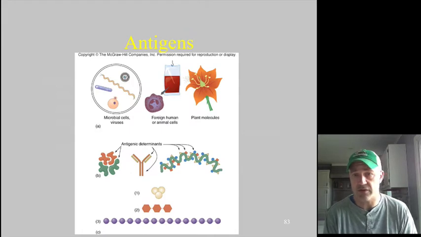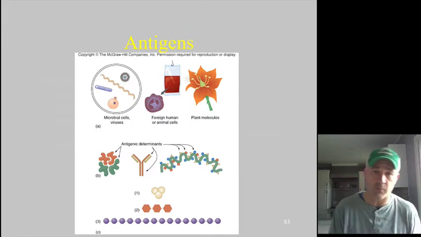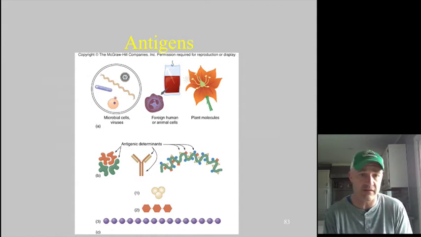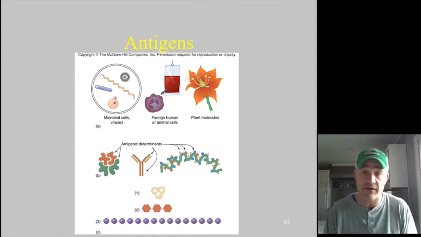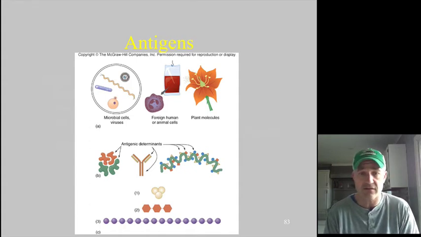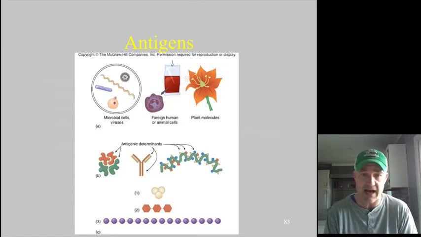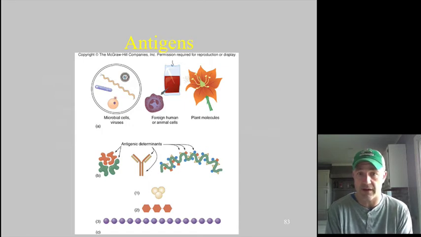And again, this is just showing you different things that can be antigens. What we're usually worried about is some type of microbe, a virus, some type of worm, things like that. The body's also a lot of times going to try to reject anything that is a non-human cell, even if it was put into us on purpose, like a pig heart valve or a heart transplant.